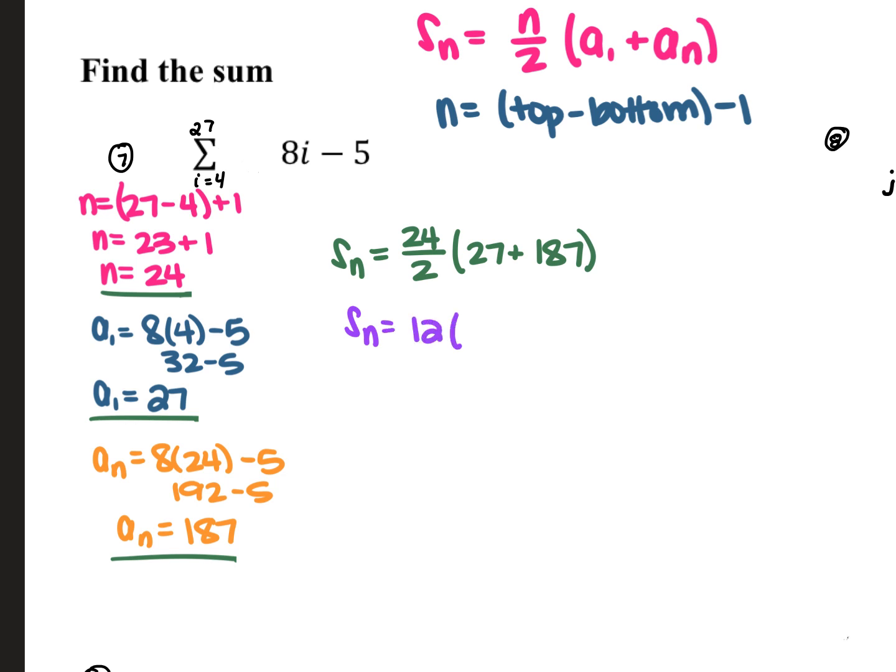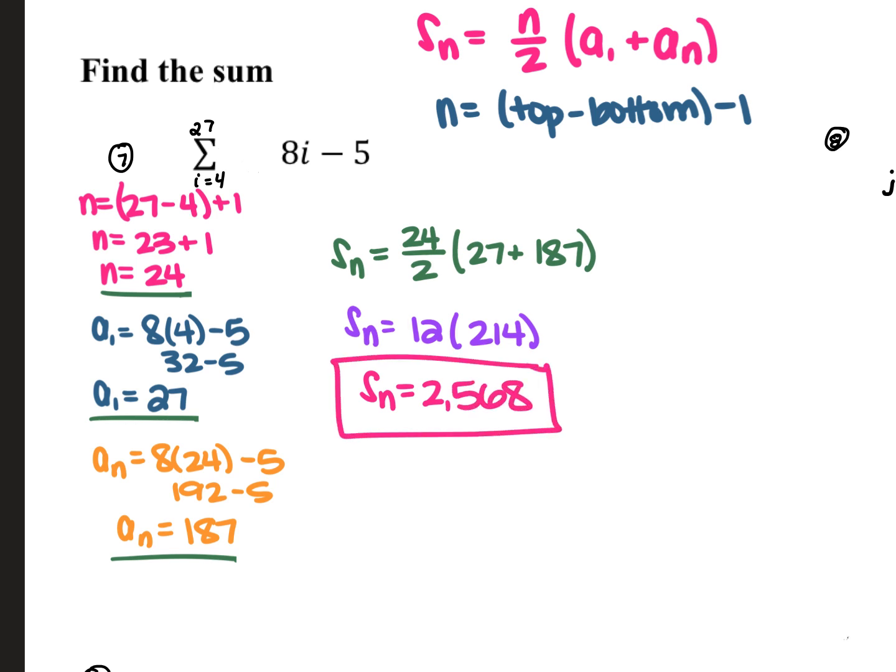The 27 plus 187 is 214. So if we multiply these, we get a sum of 2,568. This should be plus 1, sorry. That top one should be plus 1.